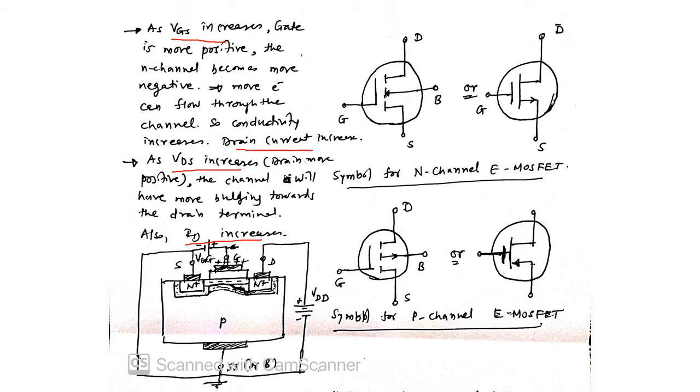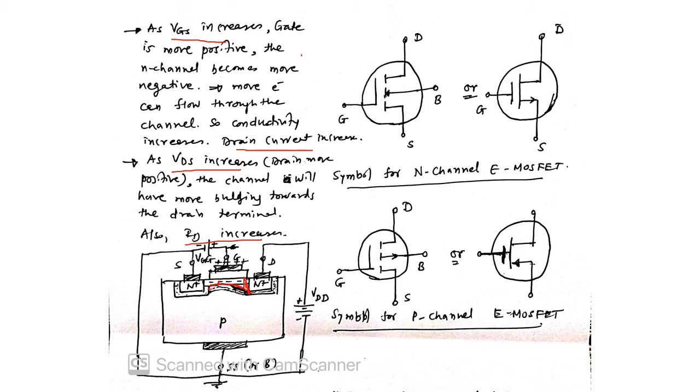Because the drain is more positive, the channel bulges towards the drain, that is, its width will be more towards the drain region compared to near the source region, or maybe in the central region. So the channel is formed like this between two N plus regions.